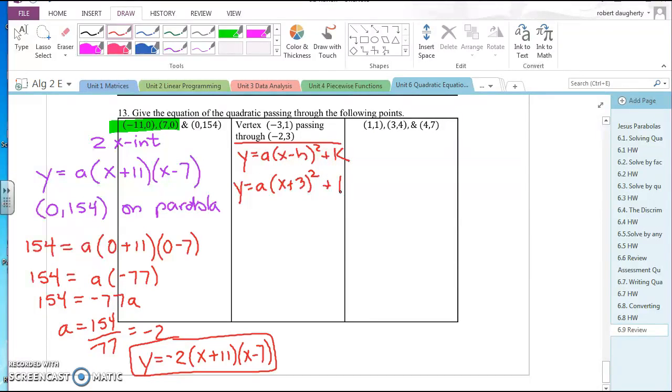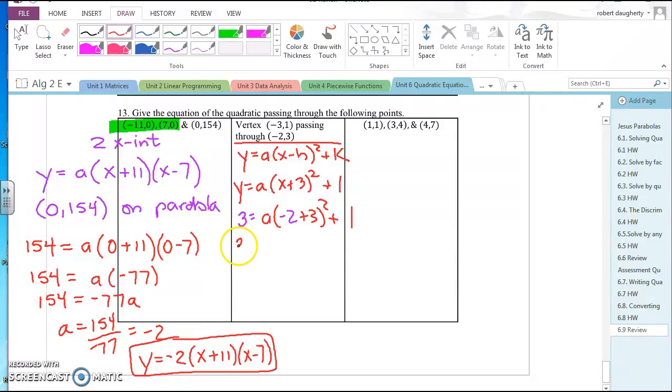I'm going to use that point negative 2, 3. So 3 is the y value. So a, and the x value is negative 2. So I just plugged in negative 2 for x, 3 for y.